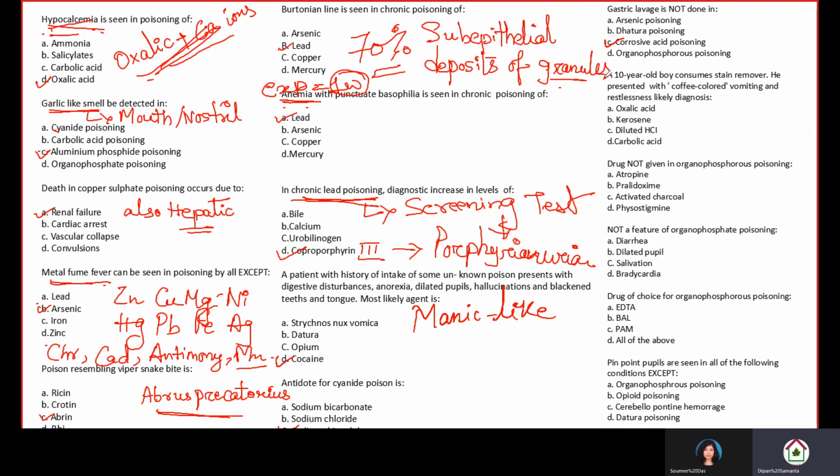So if the airway is compromised and unprotected, we should not go for gastric lavage. In corrosive acid poisoning, we don't do gastric lavage. Otherwise, for arsenic poisoning, datura poisoning, OP poisoning, we can go for gastric lavage.